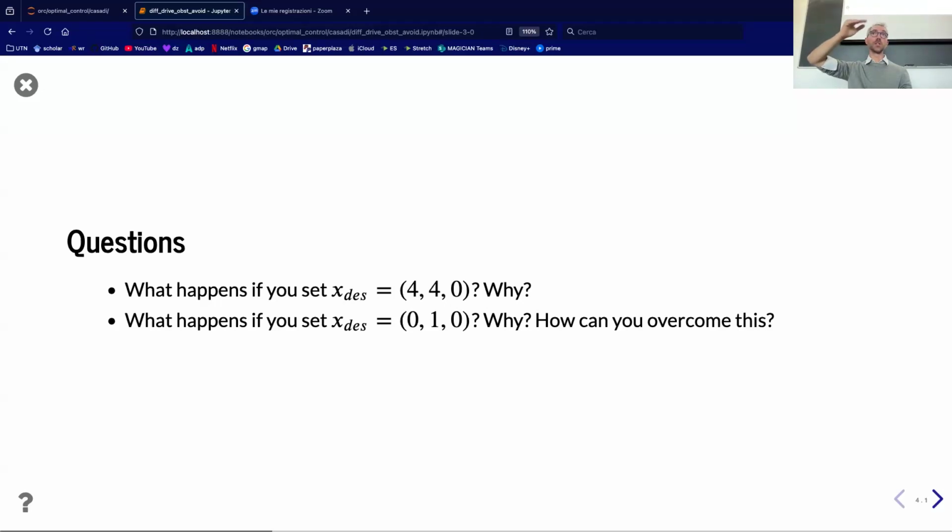Instead of having an angle of 0, we could give an initial guess with an angle of 10 to the minus 4. That would also be sufficient. And so we are not changing the problem that the solver has to solve. We are just changing the initial guess for starting the search process. That is sufficient for escaping that local minimum.